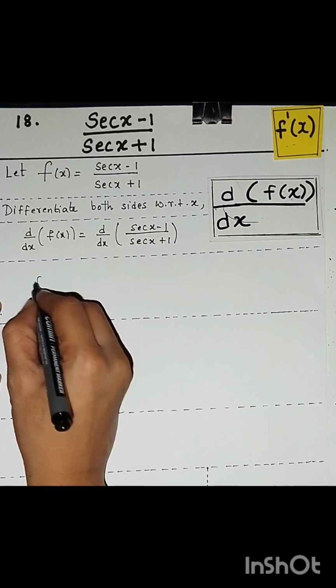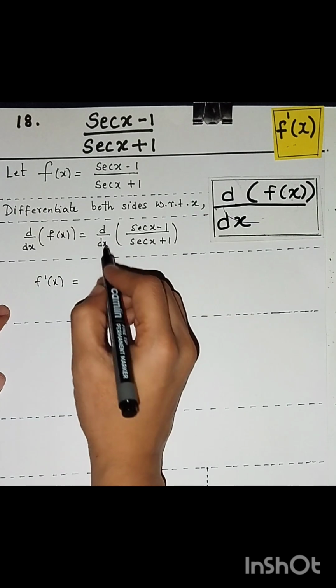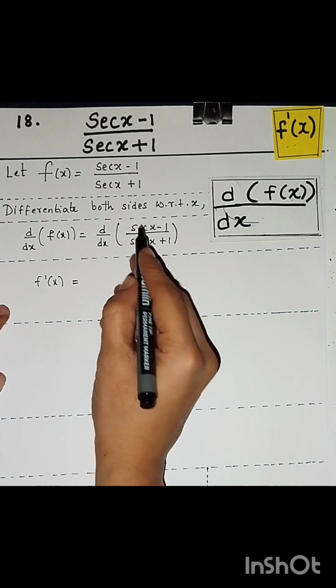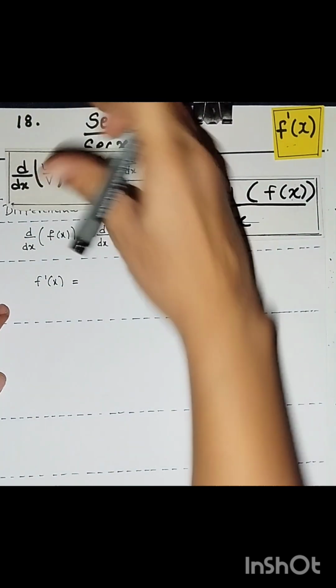So this is f dash of x is equal to d by dx of function by function. We will apply quotient rule, that is u by v. This is u by v.